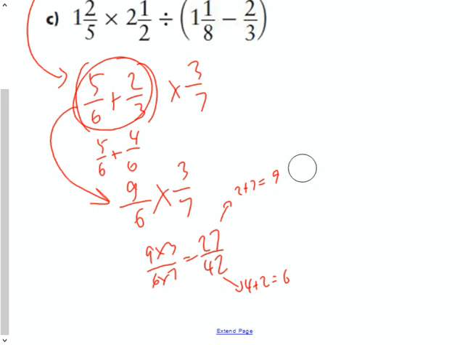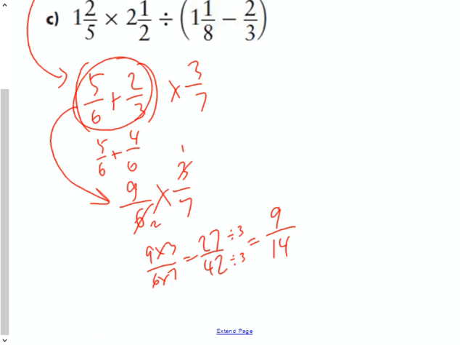So since 27 and 42 are both divisible by 3, divide by 3, divide by 3. This will be 9. This will be 14. So in lowest terms, you have 9 over 14. But if you cross-reduce, look what happened. You would have got 9 over 14 anyway, right?